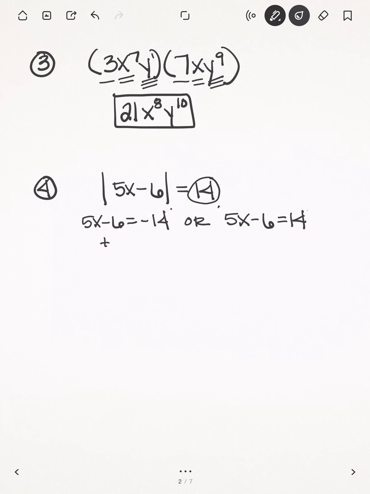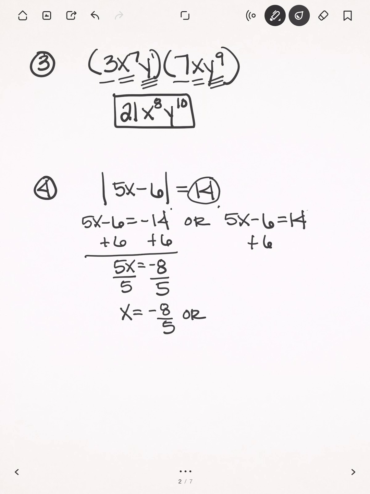I'm going to add 6 to both sides. I get 5x is equal to negative 8. Divide both sides by 5. And I get x equals a fraction, negative 8 over 5. Or I'm going to add 6 here to both sides.